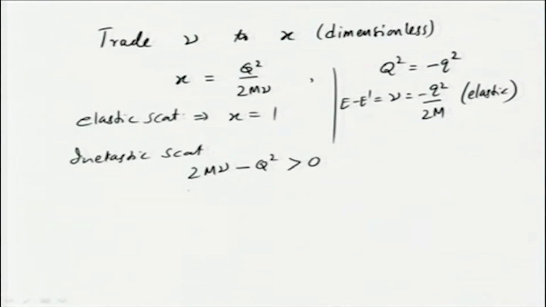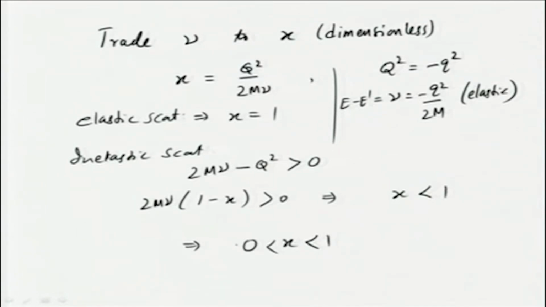That is equivalent to 2 m nu (1 minus x) larger than 0. That tells you that x has to be less than 1, because m is always positive, nu is always positive, therefore, x is always less than 1, and the minimum value of x is 0, where Q square is 0. So, that gives the range of x as between 0 and 1.